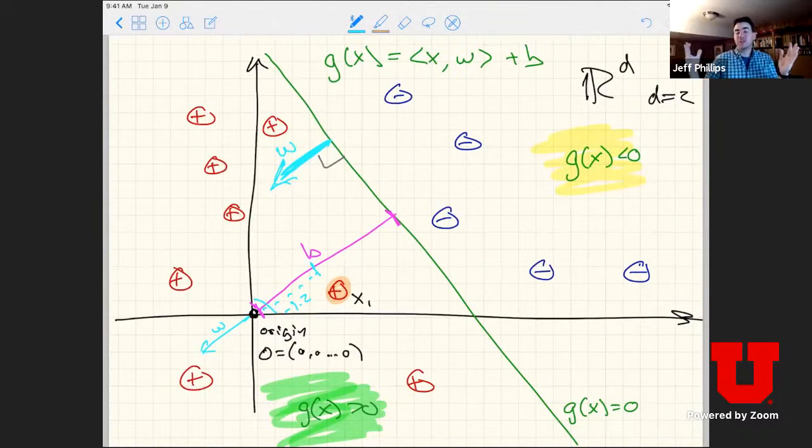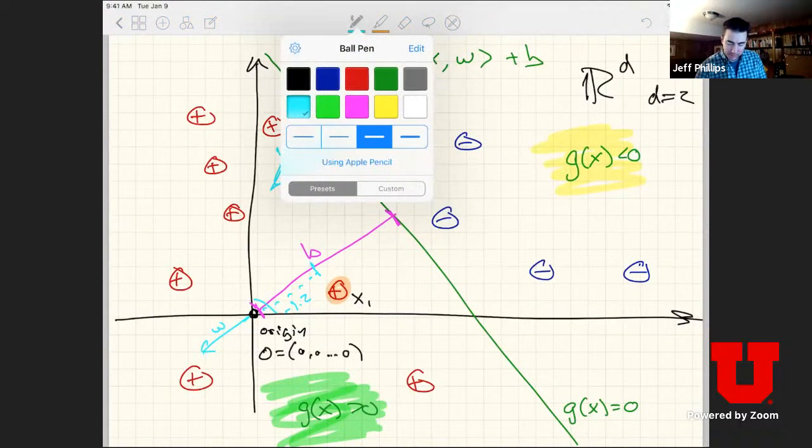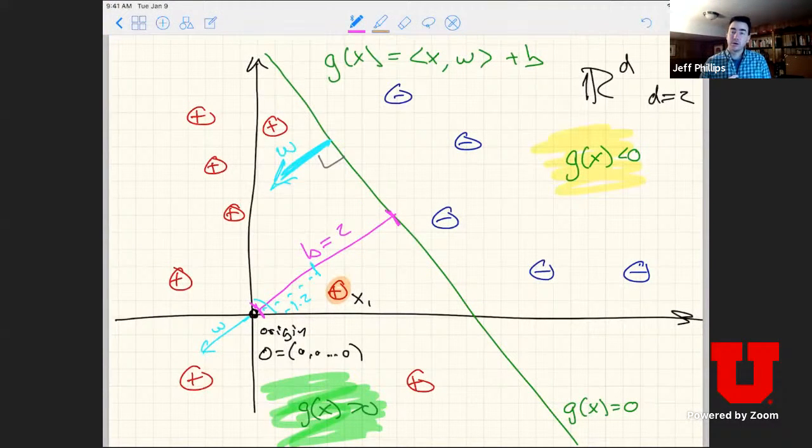But I want g of x to be positive on this side of the line. Well, I'm going to add b, right? So let's say b is equal to a length of 2. So I'm adding b to it. So anything where the dot with w is greater than or equal to negative 2 is going to get a positive value.